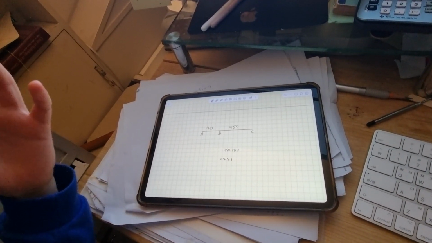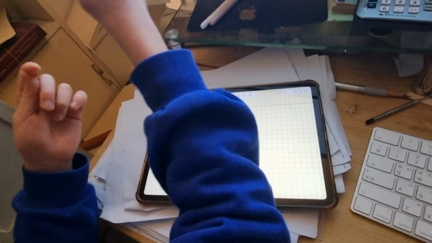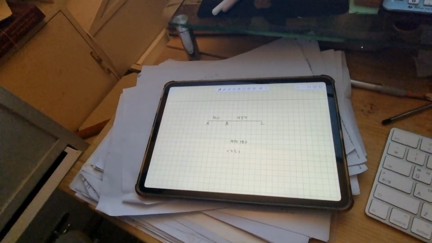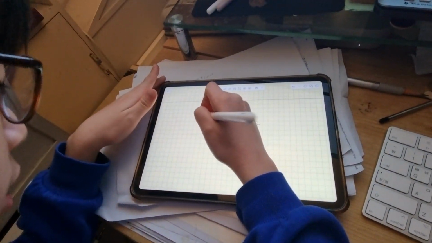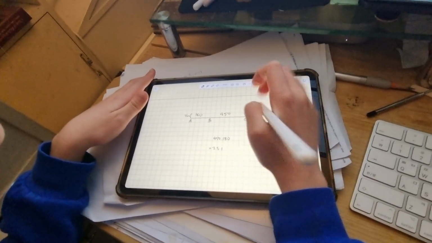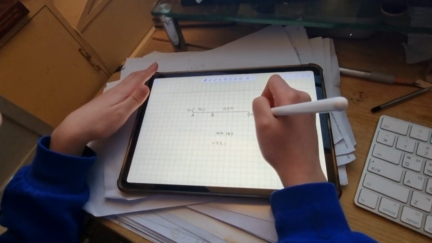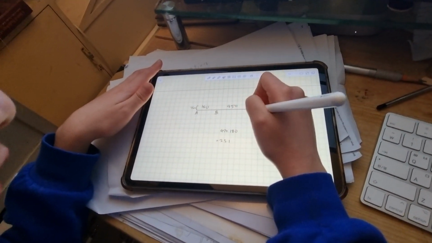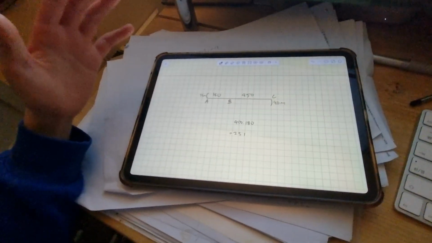But the thing that confuses most people is, look here. A walks 75 meters up, and C walks 90 meters down. That's where a lot of people get confused.